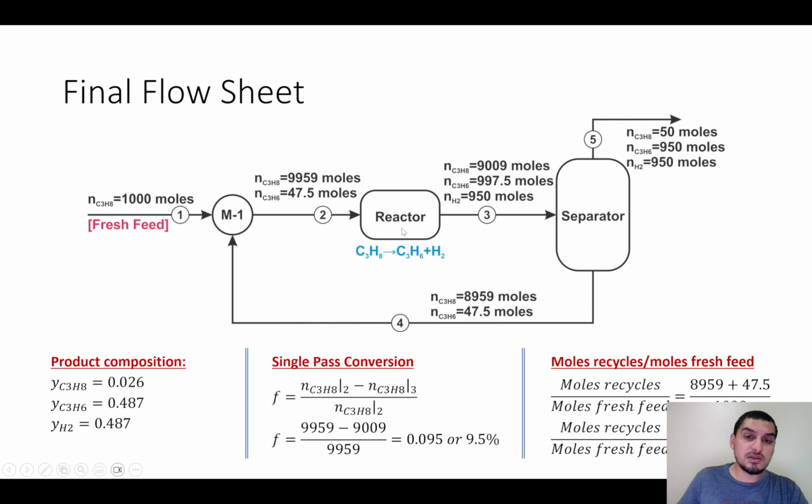So make the reactor conversion, let's say 50-60%, and then calculate how much recycle we have. In this case, you'd see a very big reduction in the flow rate of the recycle stream. So this is something that is worth trying. I really recommend that you do it, because it is a very good way to show you how the conversion affects the recycle.